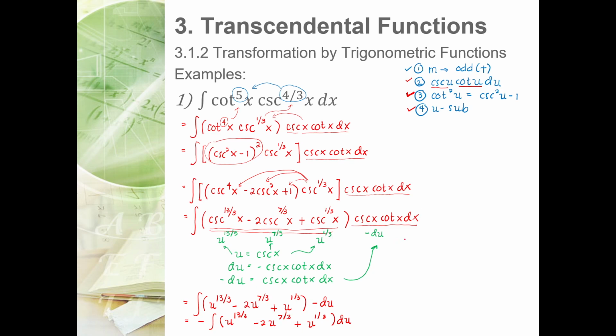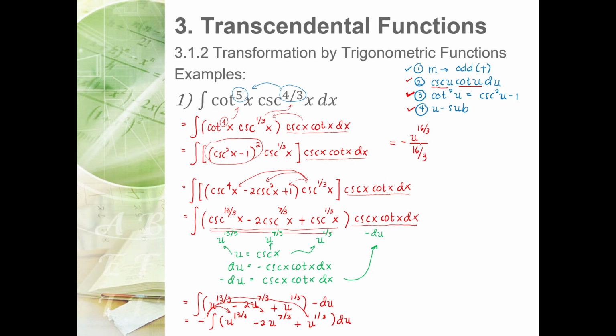Now as we integrate, don't forget to distribute the negative sign to each of the integrated terms. Let me write it here first so that we can have space. The first term is negative, u to the 13 over 3 plus 1, that will be 16 over 3, all over 16 over 3.